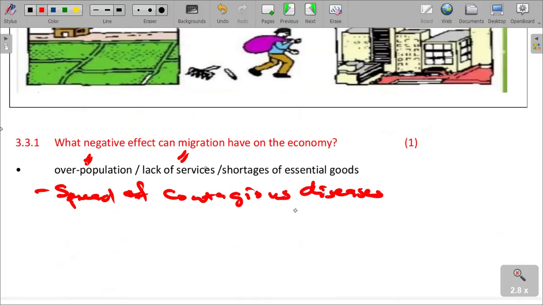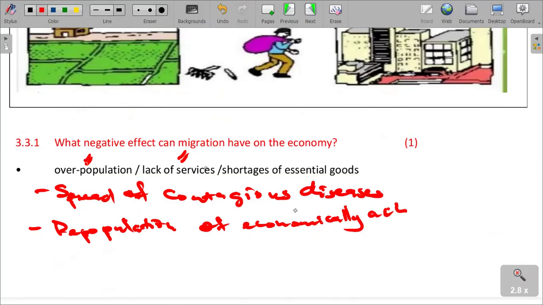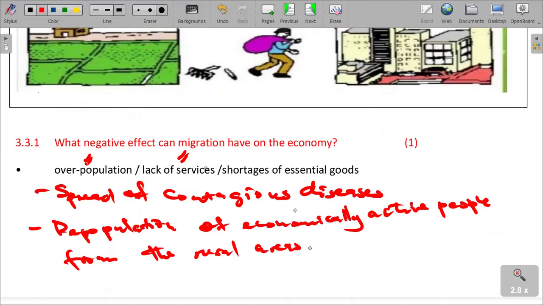Migration can also result in depopulation of economically active people from the rural areas, which makes them worse in terms of production, worsening their economic status, which can also become a problem.